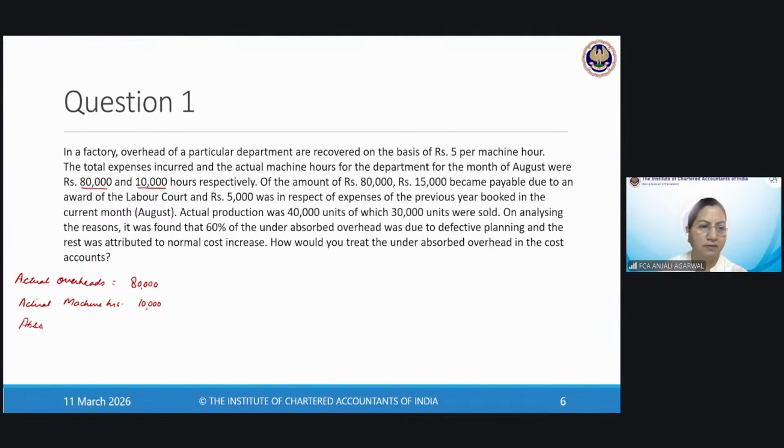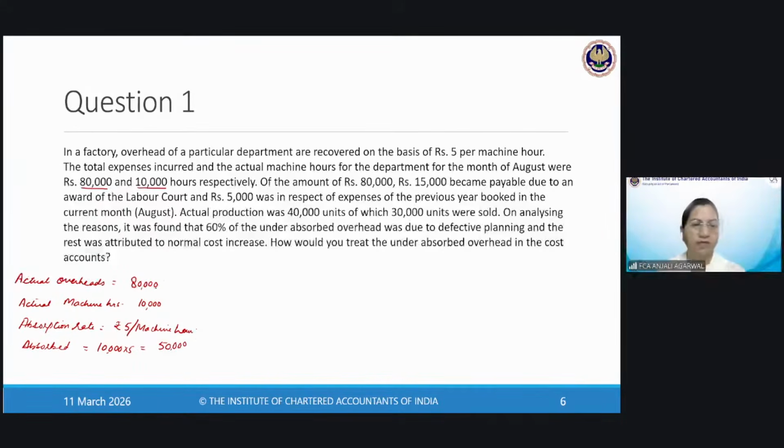Absorption rate is rupee 5 per machine hour. So on that basis, your absorbed overheads are 10,000 hours into 5, which is equal to 50,000.